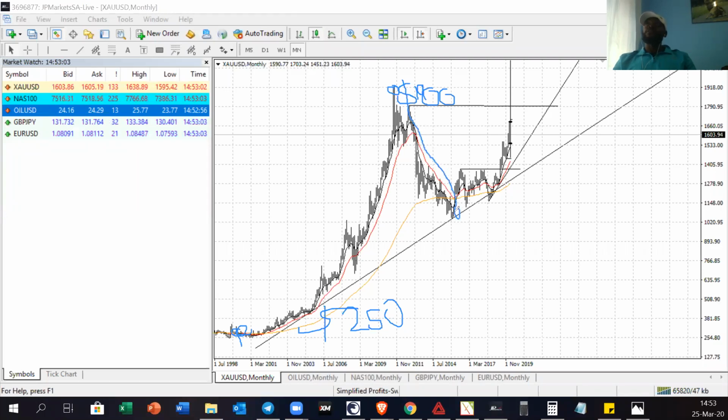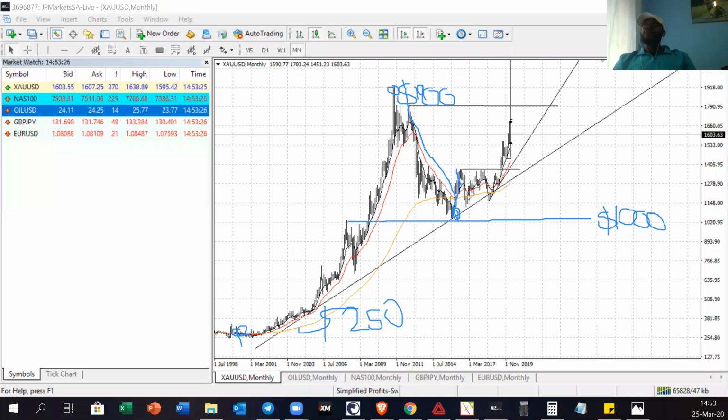We saw all of this, and 2017 came and prices started to pick up again. So the 1,000 level was very significant. Levels of demand caused gold prices to start moving up again.